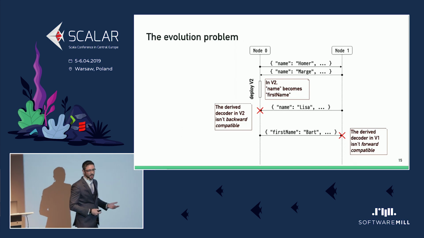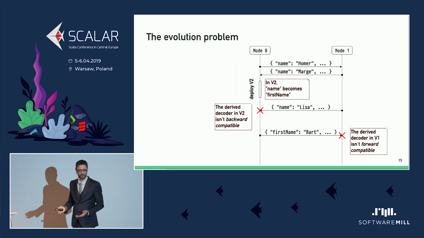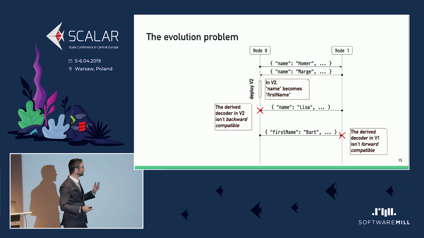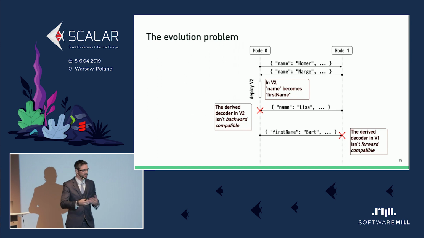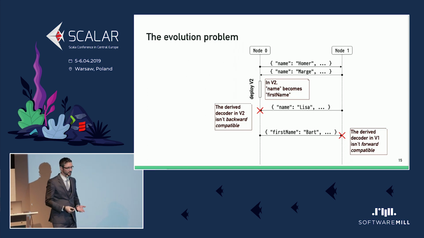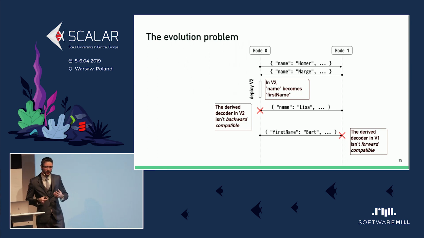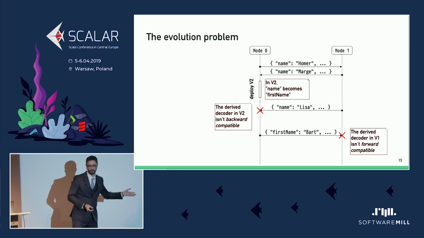And of course, on node 1, which isn't deployed to version 2 yet, the new first name field isn't known because the deserializer was derived at compile time. So in every project that is significant, we end up with these kinds of problems.